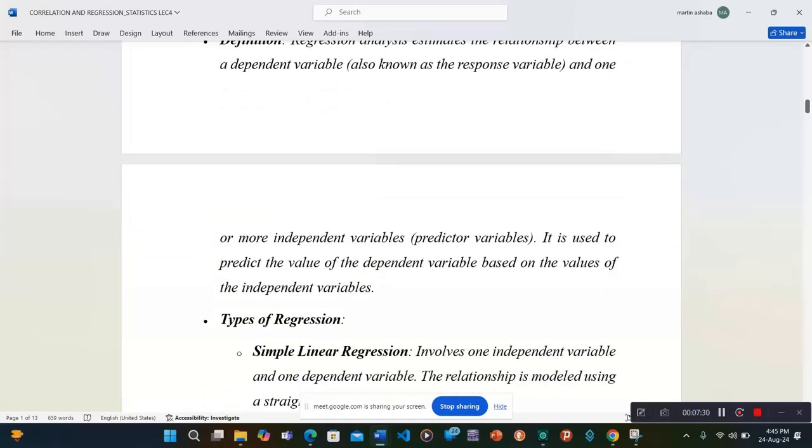Like we had said earlier, if we have y that depends on x, maybe it is x plus a constant, this is a linear model. So if this is a linear model, we can use regression.